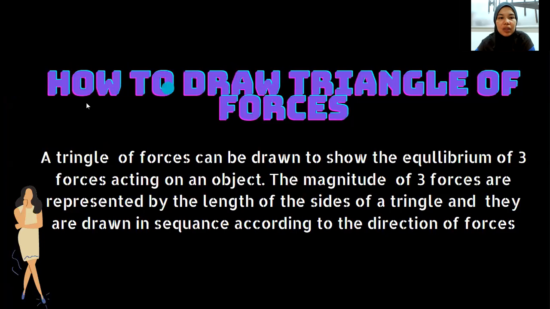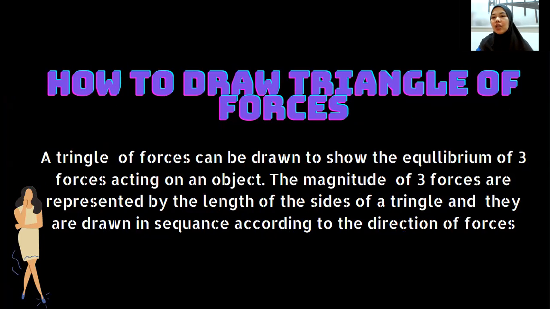So we will proceed to how to draw a triangle of forces. This is the tip. A triangle of forces can be drawn to show the equilibrium of three forces acting on an object. The magnitudes of the three forces are represented by the lengths of the sides of the triangle, and they are drawn in sequence according to the direction of the forces.